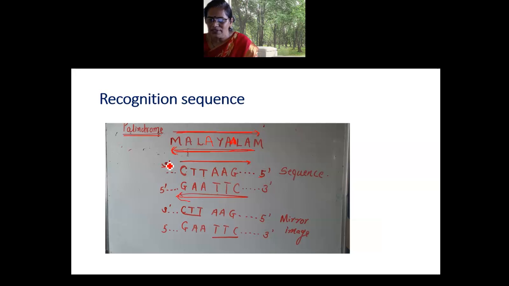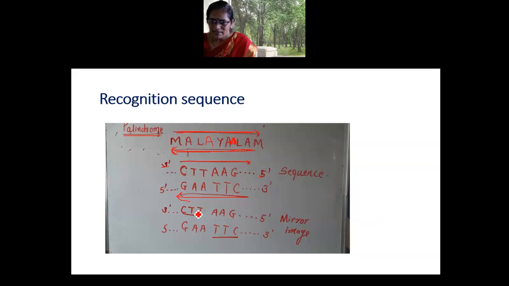So when we keep the orientation the same, 3 dash to 5 dash, no doubt we can read forward as well as the backward direction. When we keep the direction the same, then it is called a palindrome in case of DNA.